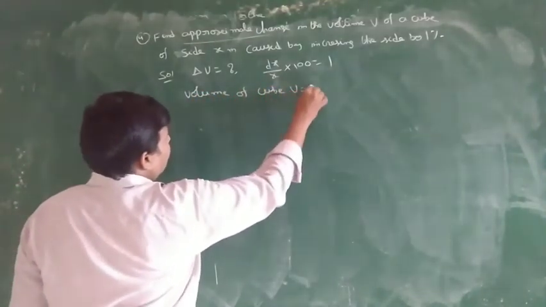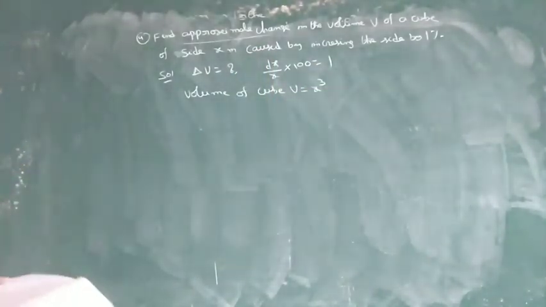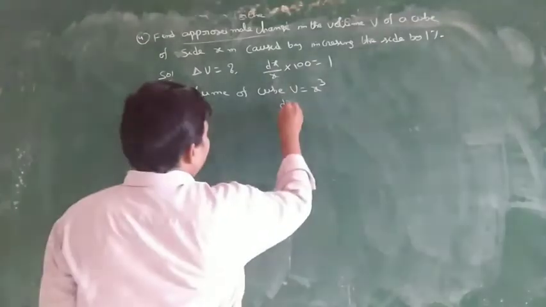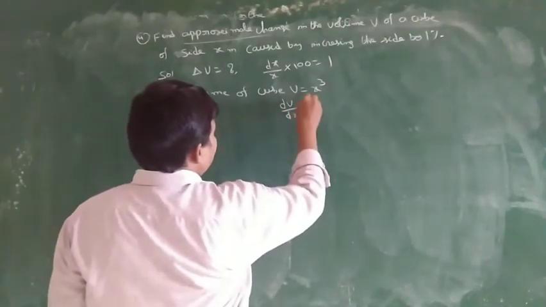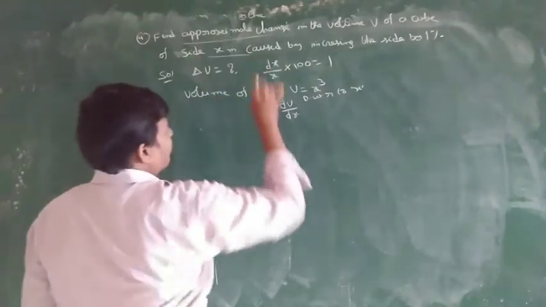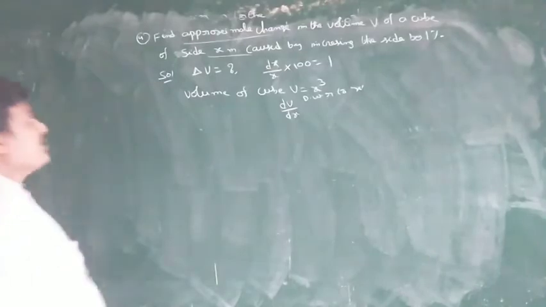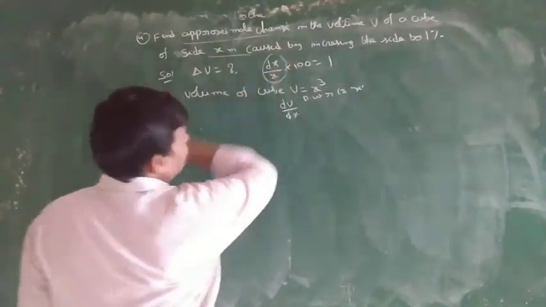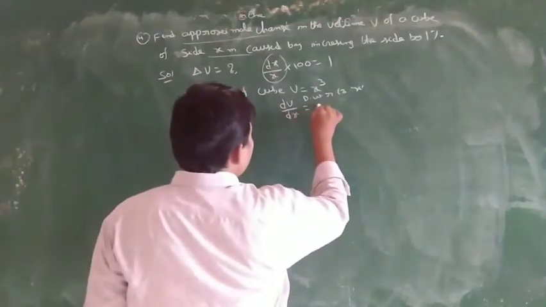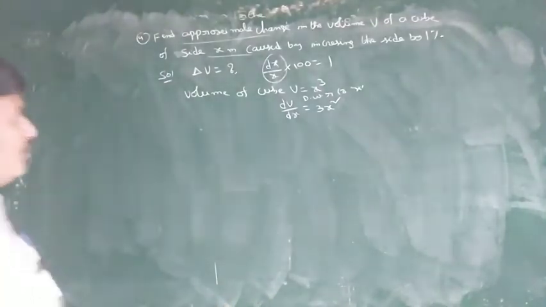So what is the volume of the cube? Volume of cube is equal to x cube. Okay, differentiate with respect to x. dV by dx, differentiate with respect to x. So dV by dx is equal to 3x square.